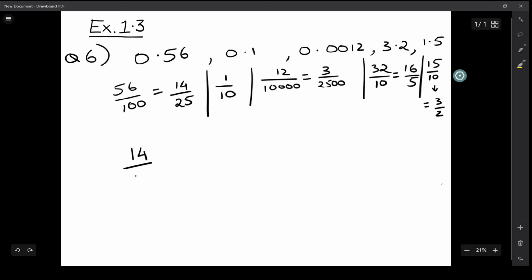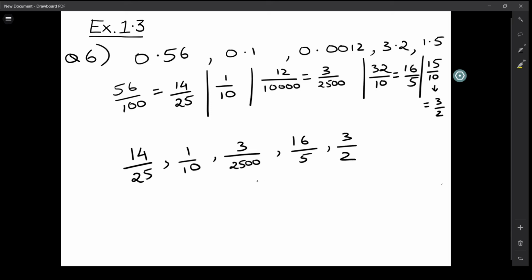Just for clarity, I'm going to write all the numbers here, and then we're going to see if there is anything in the denominator which appeals to us. Can you guess it?